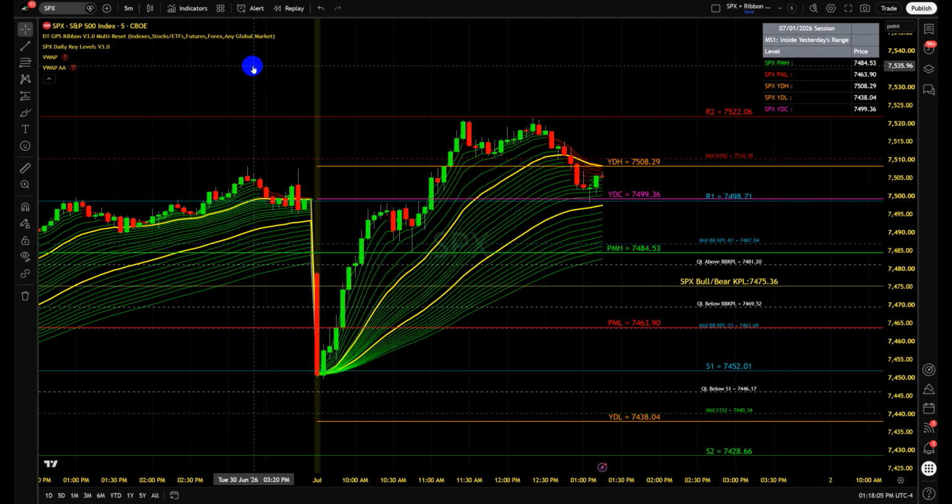There is no VWAP on the chart. It's not a TradingView issue. It is a global feed issue from CBOE. The global data feed that TradingView gets from CBOE does not include volume data. And of course, for a VWAP, volume weighted average price, you need to have the volume data. So now we'll look at our VWAP.